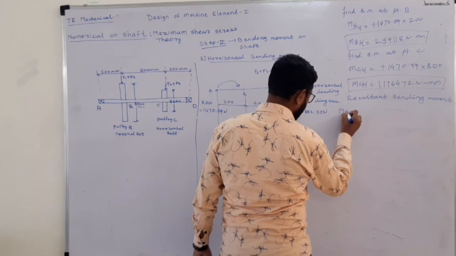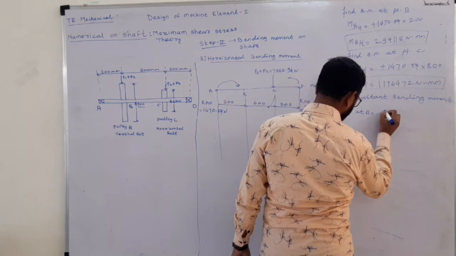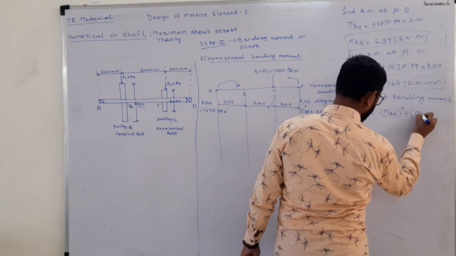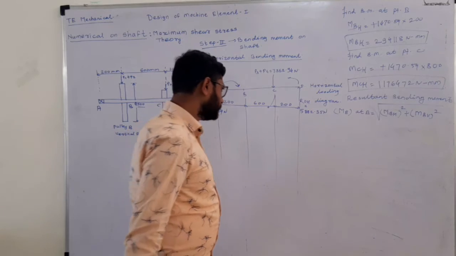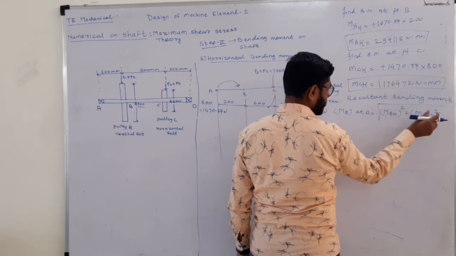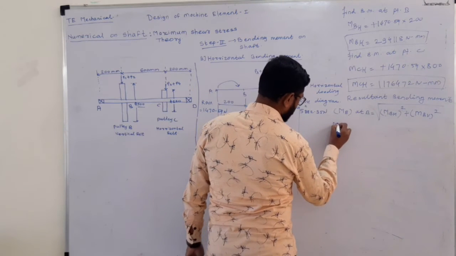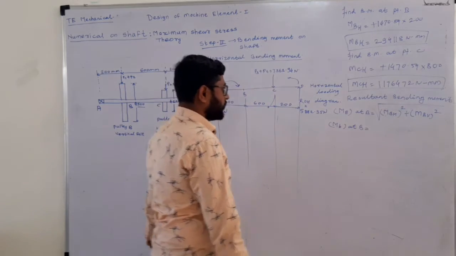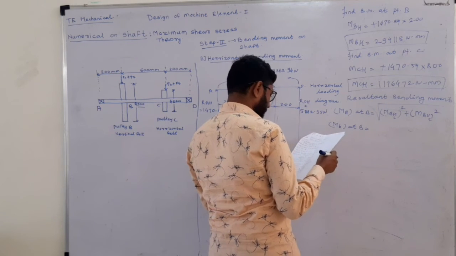First of all, find bending moment at point B. MB is equal to square root of the bending moment at point B for the horizontal loading diagram squared plus the bending moment at point B for the vertical loading diagram squared.